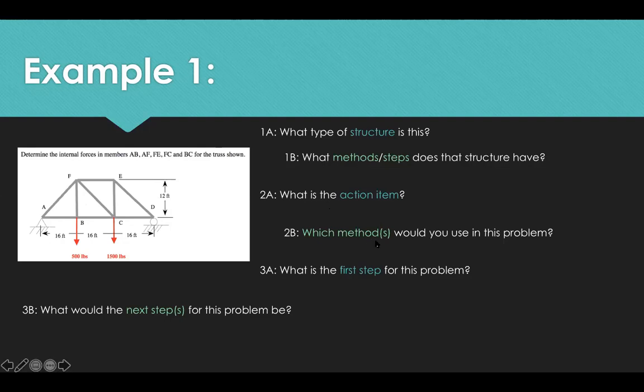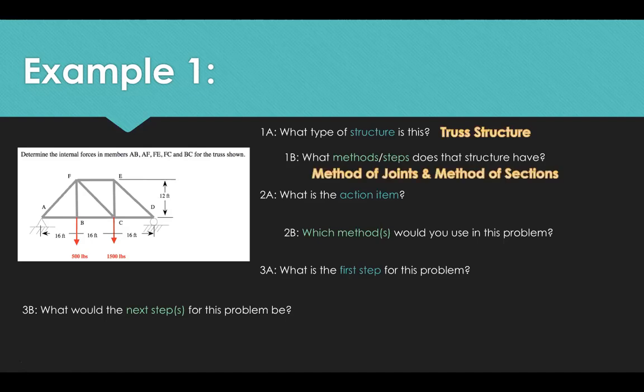And if no one's answering, I'll call people out. But what type of structure is this? Truss. Exactly. So either you can recognize it from the structure, or it literally says it in the problem this time. So what methods or steps are commonly associated with trusses? I'll give you a hint. Trusses are 2 methods. It's just a method of joints or sections.